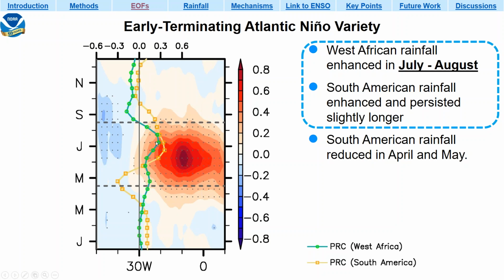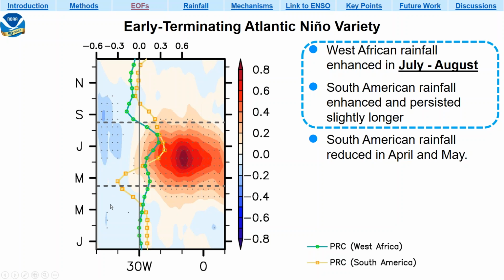So you can see that the West African rainfall is enhanced for a very short period of time from July to August, just 2 months. And the South American rainfall is also enhanced during that time, but it persists slightly longer, so they are more or less consistent with the SST pattern.